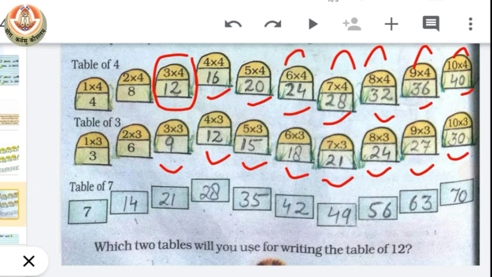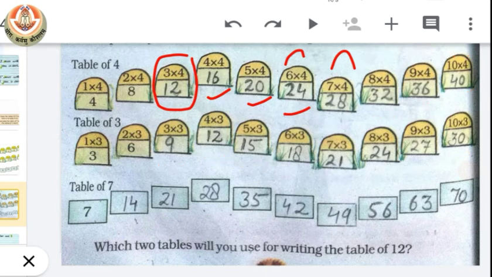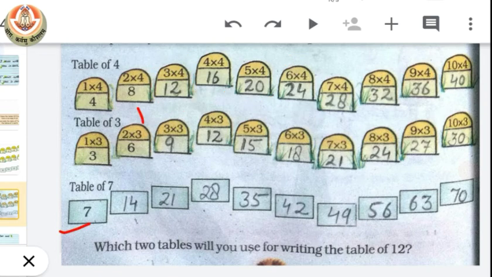Now we can easily make the table of 7 by the addition of the tables of 4 and 3. You can see that when we add 4 with 3, we have 7. When we add 8 and 6, we have 14. When we add 12 and 9, we have 21. Addition of 16 and 12 gives 28.